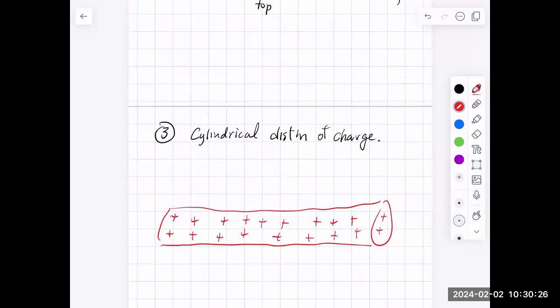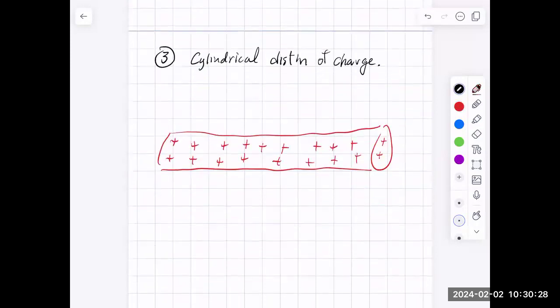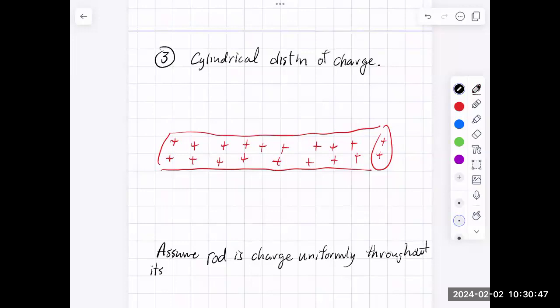So we assume that the rod is charged uniformly throughout its volume.